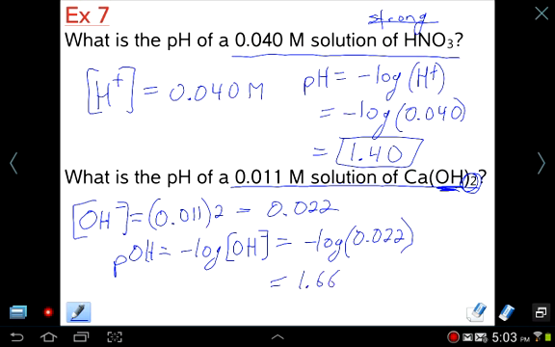Now this is the pOH. We want the pH of the solution. And recall that to get the pH from pOH, you simply subtract from 14. So pH will be 14 minus 1.66, which should get you 12.34.